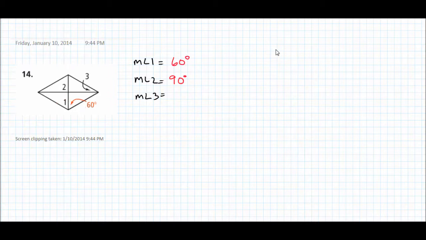Well, if you have a right triangle, which all these triangles are the exact same, all four of them, you have a right angle. You have one angle that you know is 60 degrees. The other angle is unknown. All we have to do is say 60 degrees plus 90 degrees plus our unknown, which in this case is the measure of angle 3, equals 180.